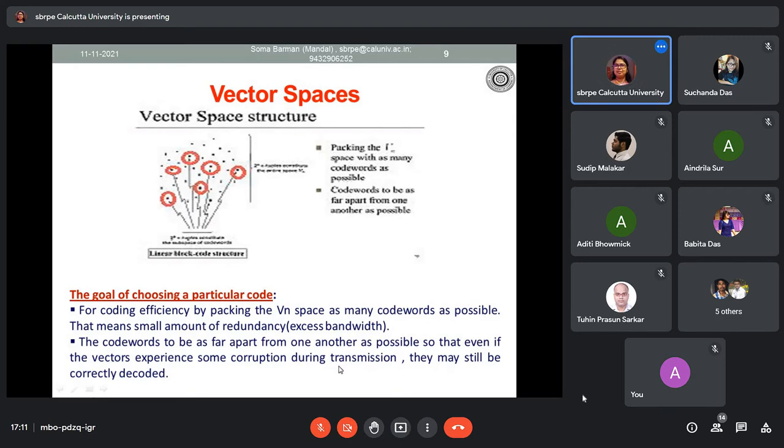So that's why, when you map 8 message sequences into 8 code word sequences out of 16 code word sequences, the mapping should be such that the distance between the code words is much more, far apart, so that during transmission, if any noise occurs, you can still correctly detect that code word.